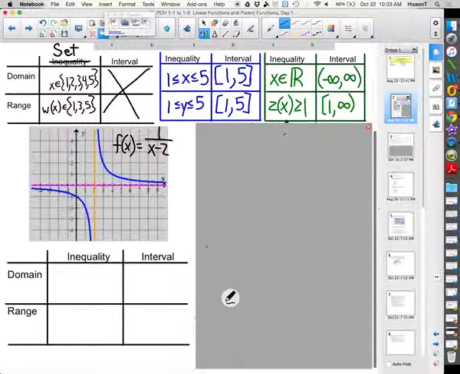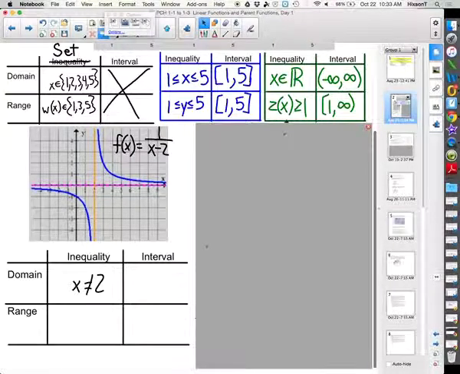What would the domain be? x cannot equal 2. Good. Since we're saying explicitly that x cannot equal 2, we can infer that x can equal anything else. You can also write this as a union, but you don't have to. You can just put it as x does not equal 2.